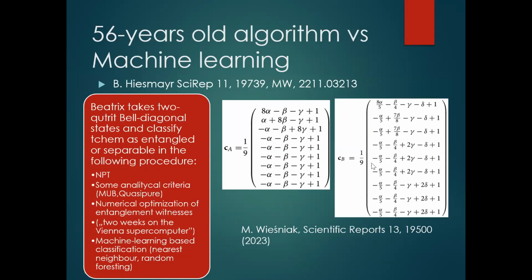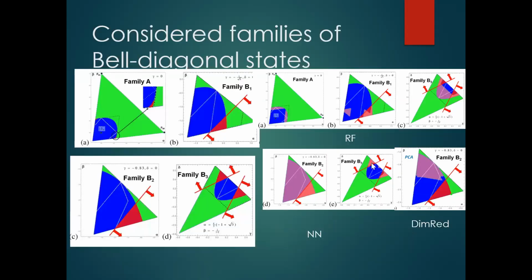She studied negativity, then some analytical criteria, then she numerically optimized witnesses, which she claimed took 2 weeks on the Vienna supercomputer, and in the last step she did machine learning. These are her families of states, the vectors of eigenvalues in the Bell basis. And I decided to check it.